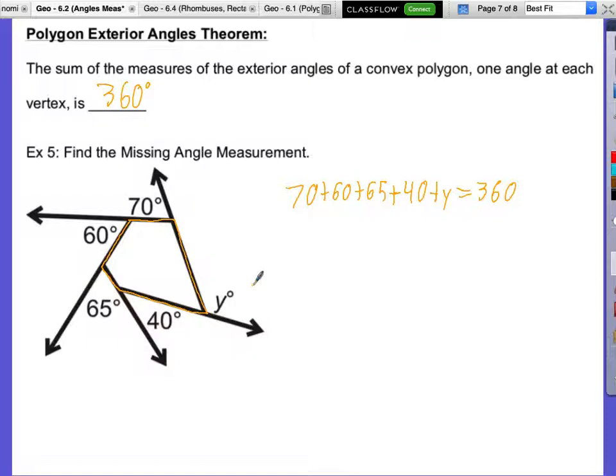Questions on the setup of number 5? Okay, how do we finish solving this one? Add them all together and then divide. Okay, combine like terms. So 70 plus 60 plus 65 plus 40 is what? Thank you, Callie.